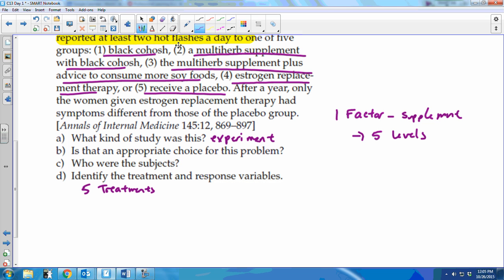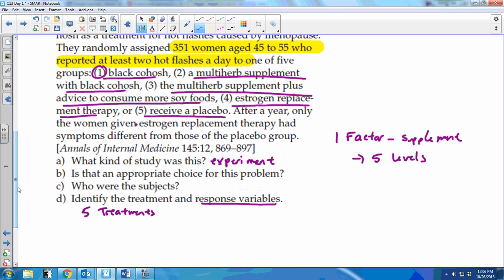If we were going to identify them specifically, we would give all these names that I underlined, but I'm not going to do that right now. It's on the screen. We can all see them. And then what's the response variable or variables? What are they trying to see at the end? They reported at least 2 hot flashes a day, so I'm assuming we're trying to reduce hot flashes, right?